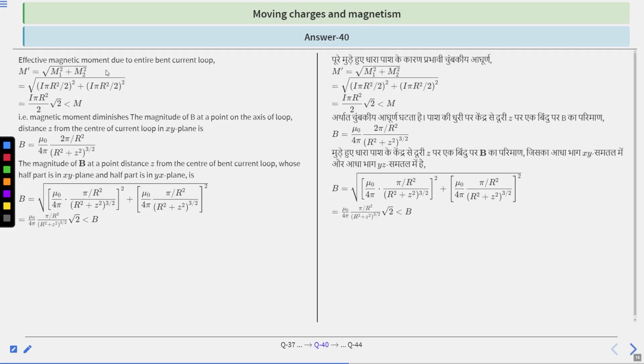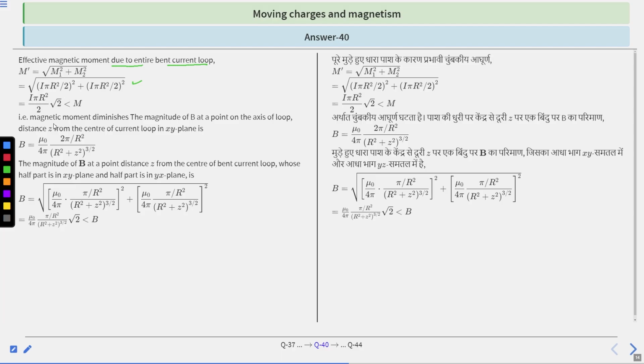So the effective magnetic moment due to the entire bent current loop, m prime, is equal to under root m1 square plus m2 square. Putting in all the given terms, you get under root of I pi r square divided by 2 whole square plus I pi r square divided by 2 whole square. After calculating, you get m prime is equal to I pi r square divided by 2 times root 2.